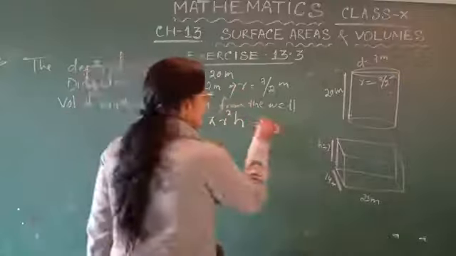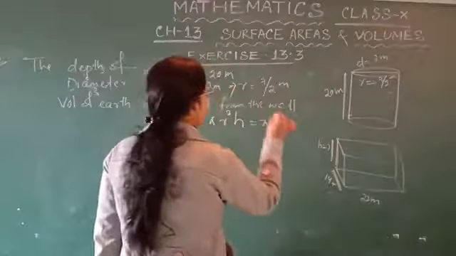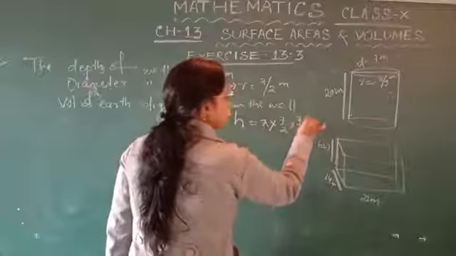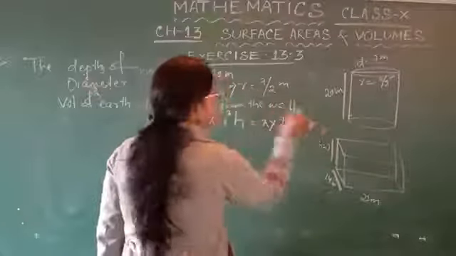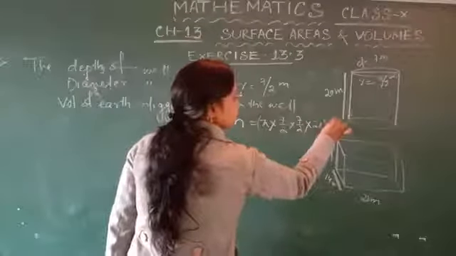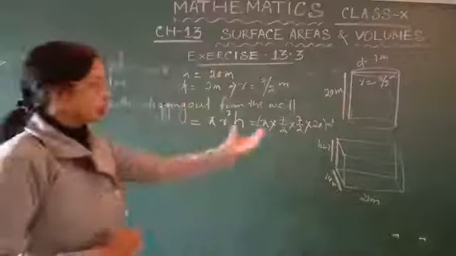So that is equal to pi into 7 upon 2 into 7 upon 2 into h, h is 20 meter, meter cube. This is the volume.